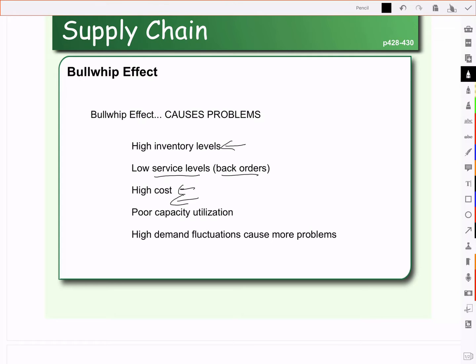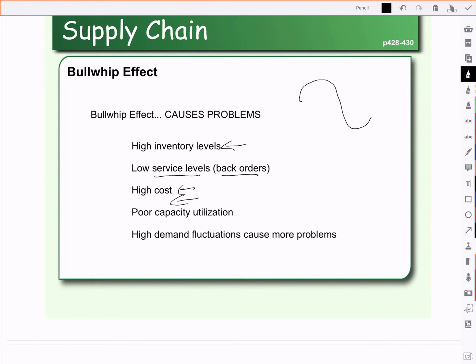So in order to make sure that you have enough inventory on hand, you'll do things like increase your capacity, right? Let's produce more for those periods of time where we need to have more inventory. And then there's other times where nobody is ordering anything from you because now that everyone has too much inventory, nobody's placing orders with your company, and so you don't need to make anything.